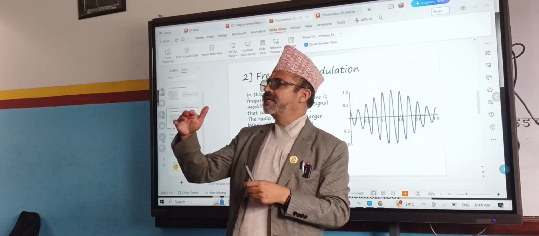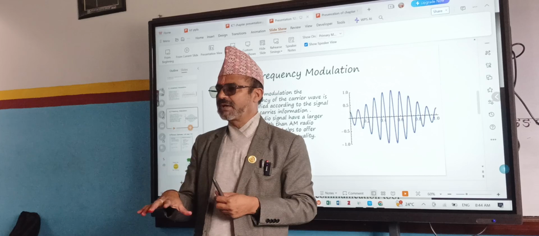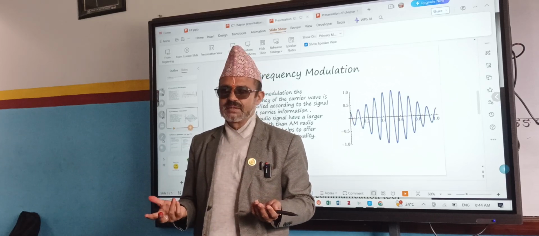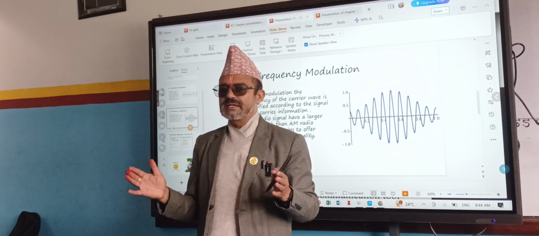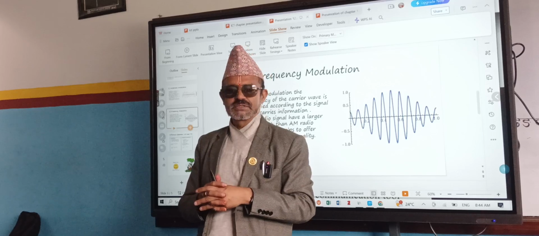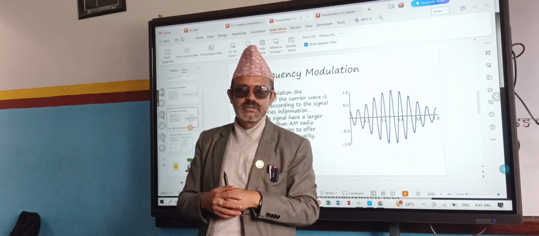These FMs cannot be heard over long distances. Like Kantipur FM, if you go and try to listen in Wakut, you may not be able to hear it, because they do not travel long distances. But AM, amplitude modulation, can be heard over long distances as well.